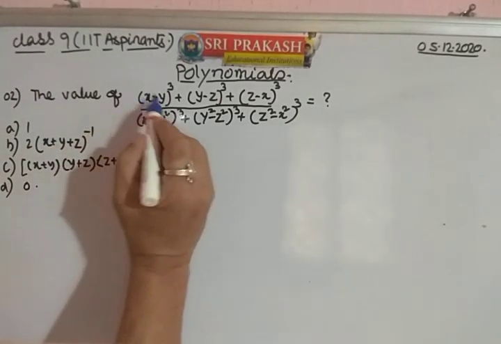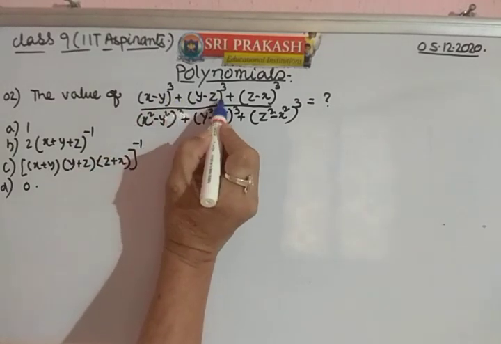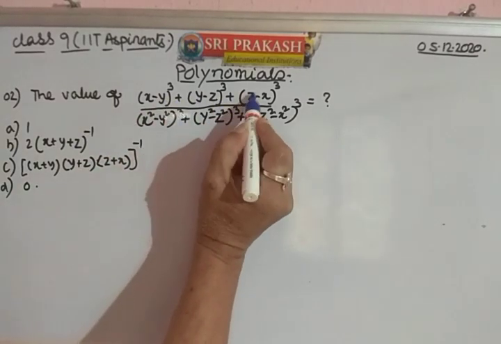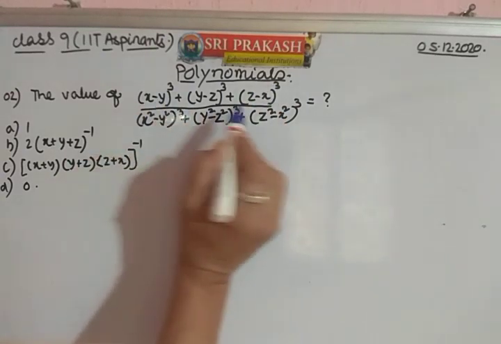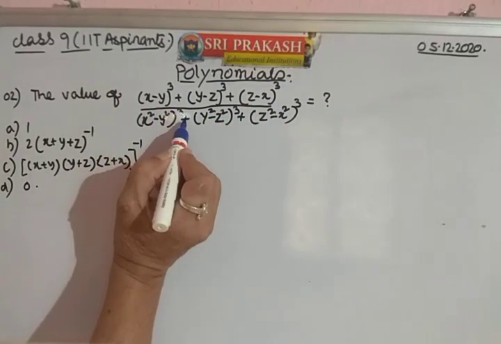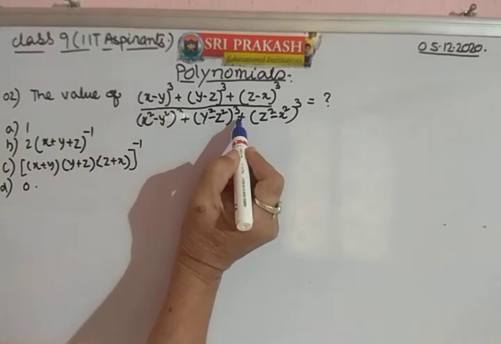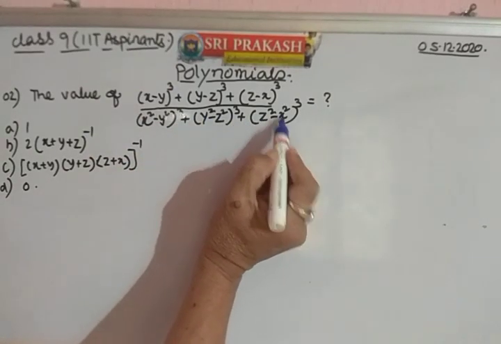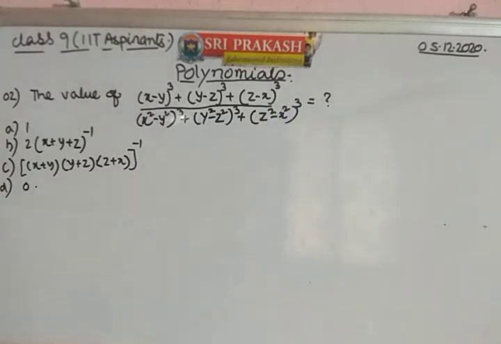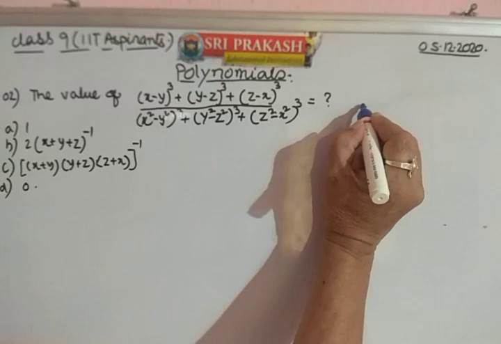Find the value of x minus y whole cube plus y minus z whole cube plus z minus x whole cube by x square minus y square whole cube plus y square minus z square whole cube plus z square minus x square whole cube. Clear? We have one formula. What is that?